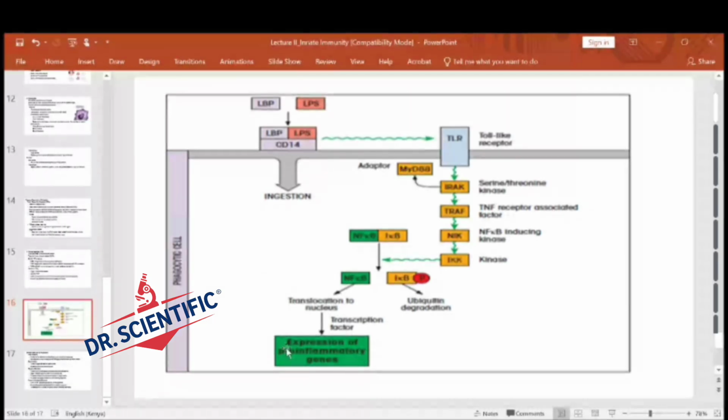So pro-inflammation is triggered here, but again, phagocytosis is initiated. The key thing here is that I do not want you to cram this. This is just for you to appreciate that.